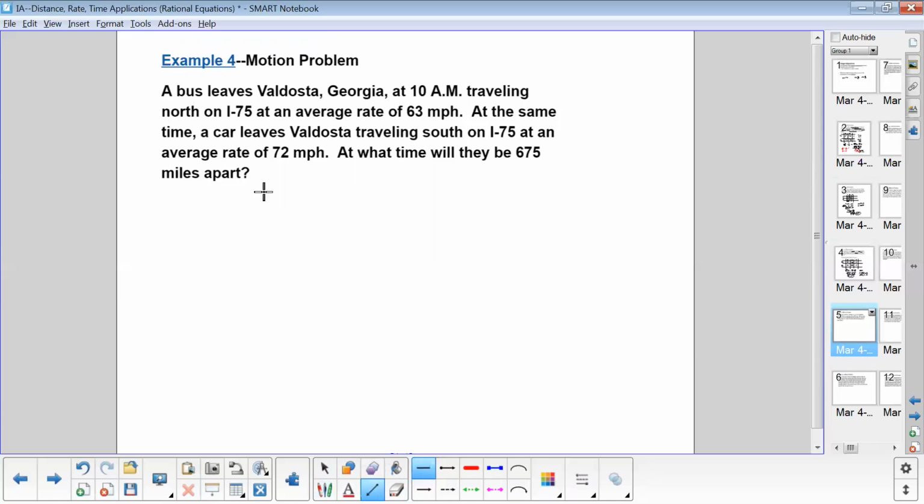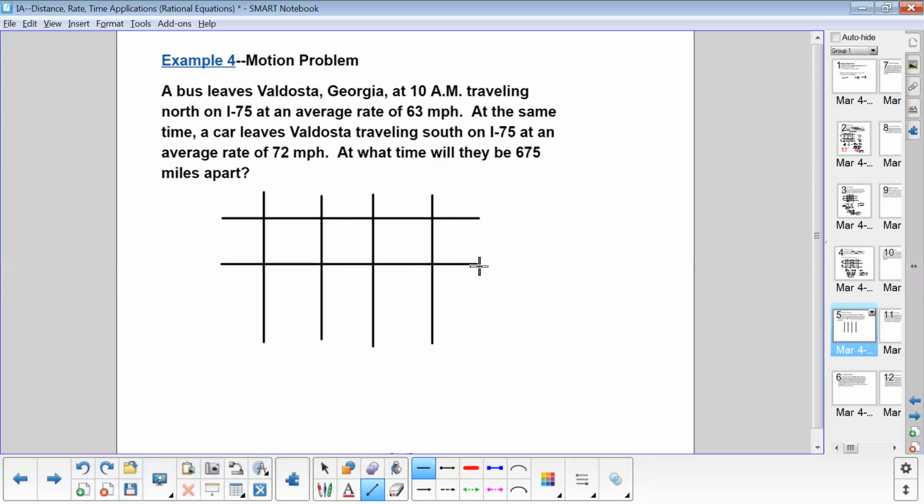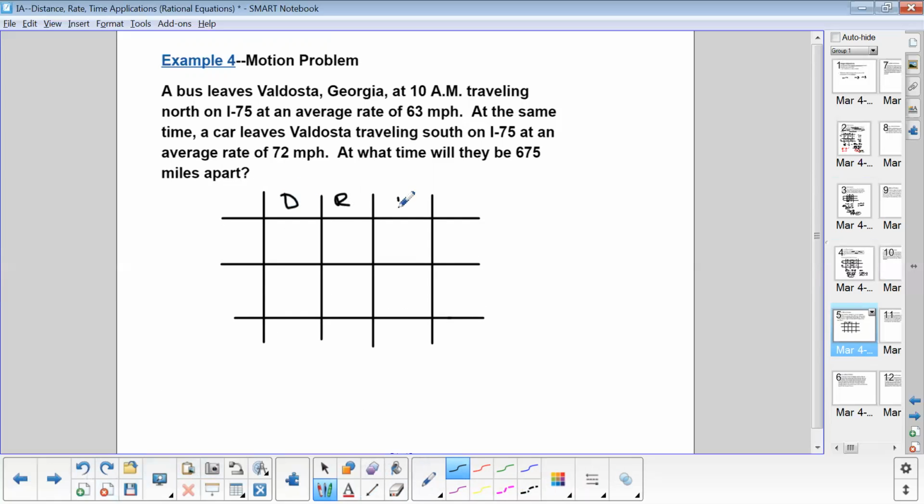And here I've got 2 items, a bus and a car. Set up my table. So distance, rate, time.